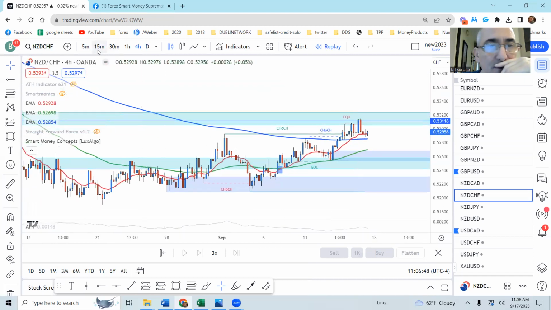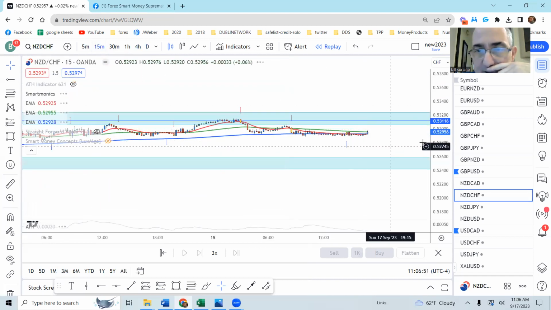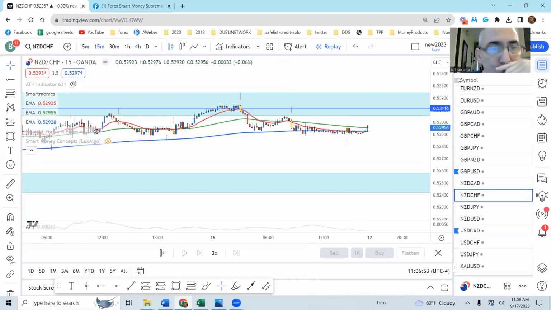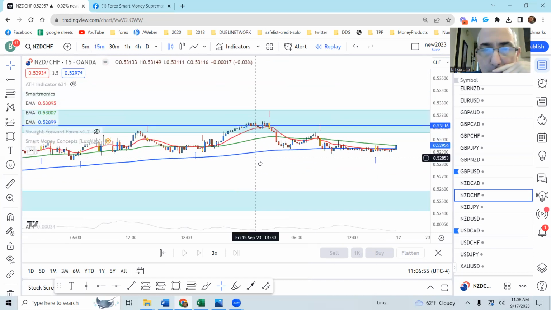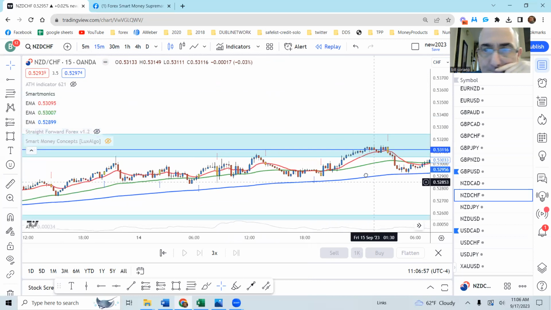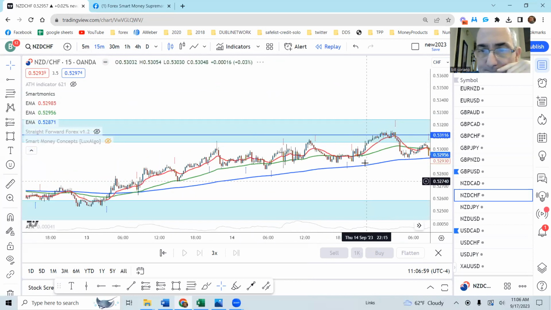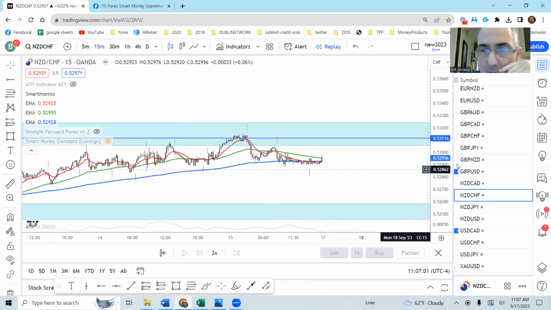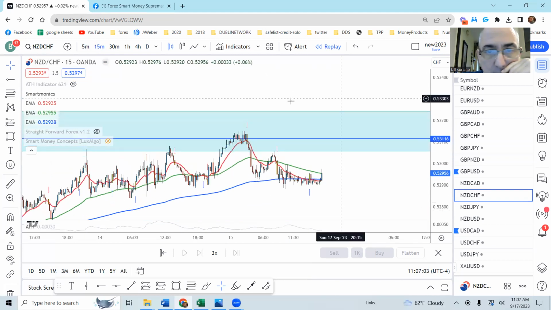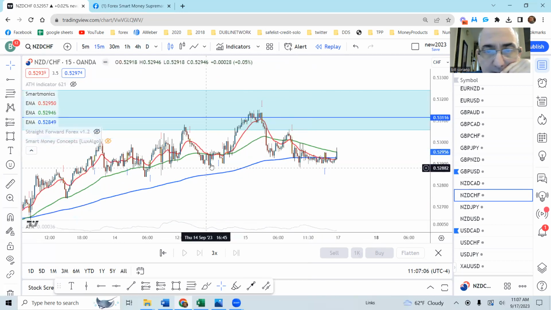Looks like we have an order block that got hit. If we drop down to the 15-minute chart here, this area did get hit. So essentially what we need is to get a change of character or ChoCh down here.